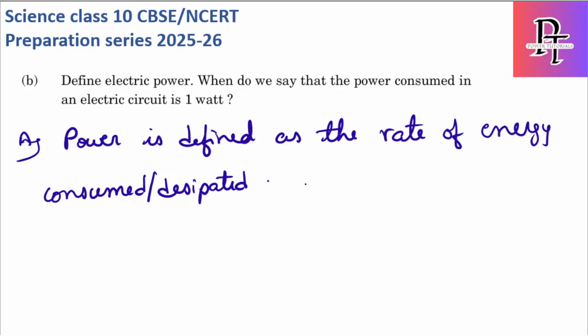As per the definition, power is equal to energy by time, or joules per second. Joules per second, the SI unit is watt.